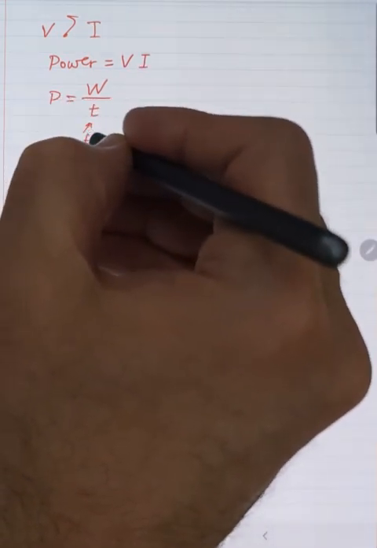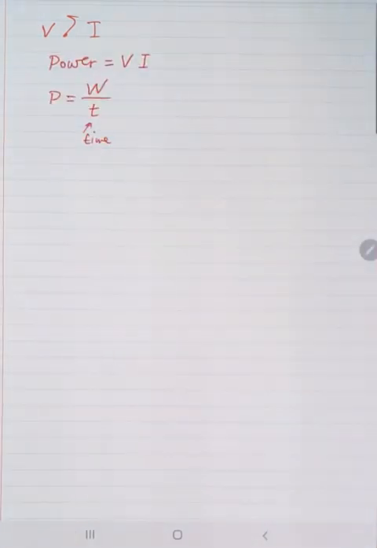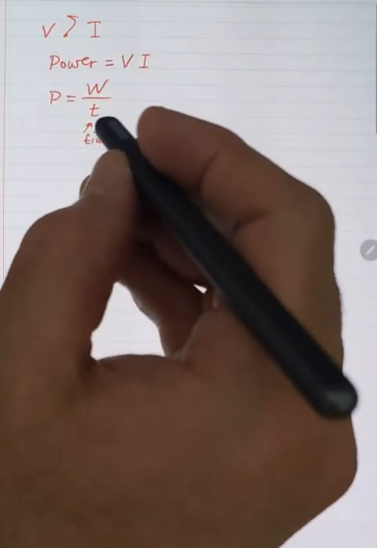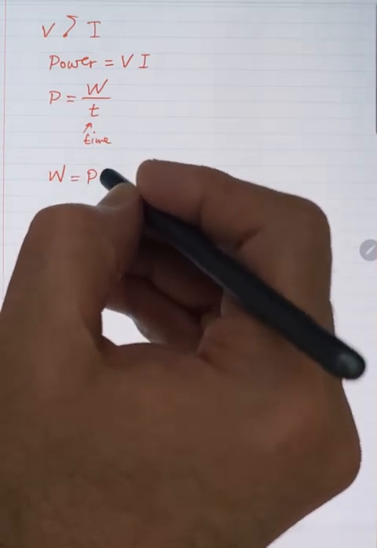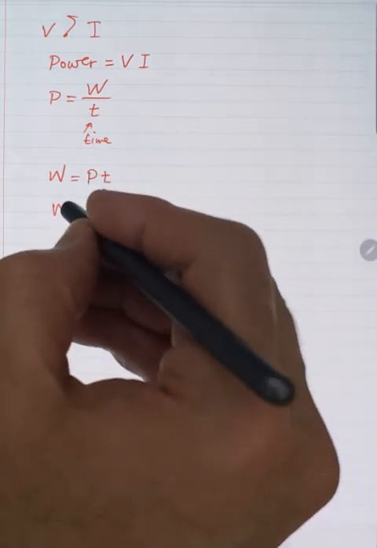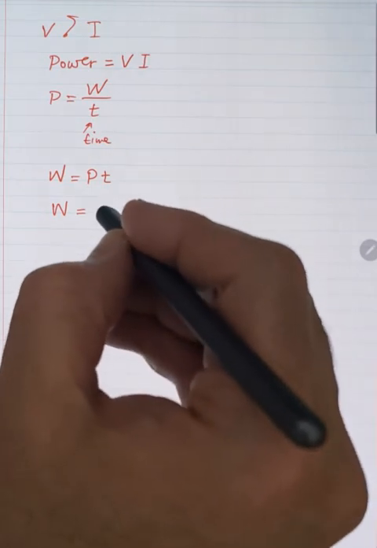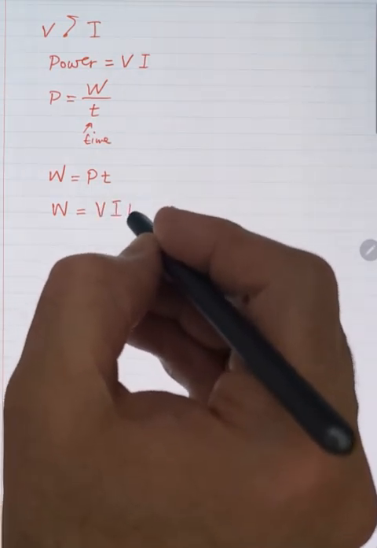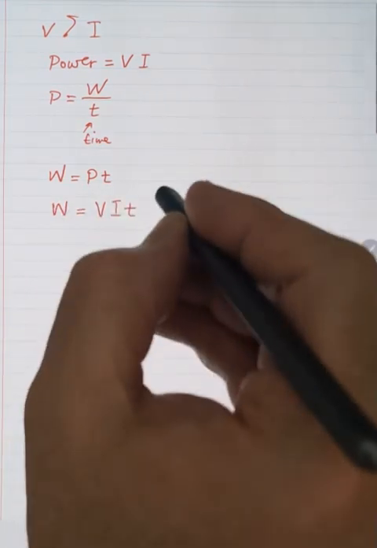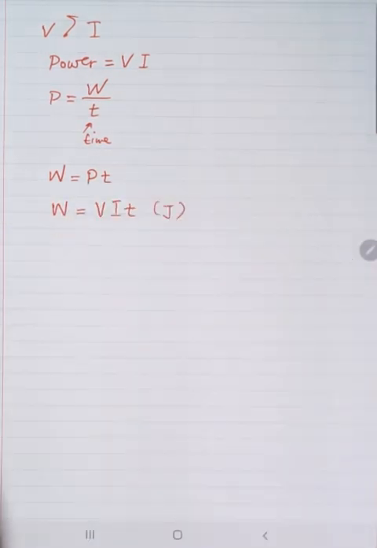We have two T's: the capital T is temperature, the small t is time. So if we want to know the work, we must multiply power by time. That means the work done using our electrical circuit is voltage multiplied by current multiplied by time. The unit is joule.